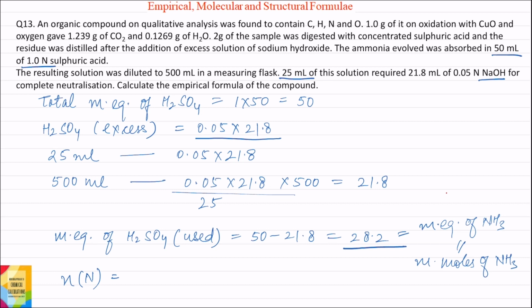So moles of nitrogen is equal to moles of ammonia, which is equal to 28.2 divided by 1000, and this is equal to 0.0282 moles. Now, this is the moles of nitrogen in 2 gram of the compound. Therefore, moles of nitrogen in 1 gram of the compound will be equal to 0.0282 divided by 2, which is equal to 0.0141 moles.